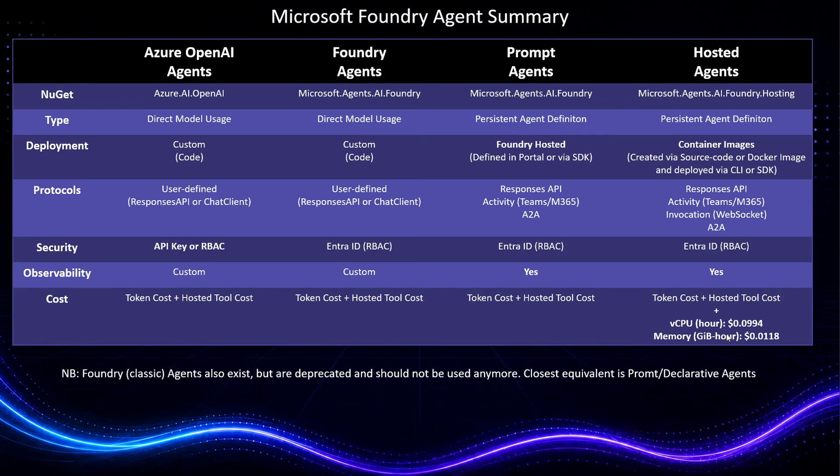But there is a cost involved in this because they're essentially hosting your code. I don't have any of these in production, so I can't tell you exactly how much this is. But of course, if you have an AI that is used a lot, it will cost more because it's active 24/7. If nobody uses it, it shouldn't cost you anything. So at least it's not as bad as just normal container apps that you pay for, no matter if there are any users or not.